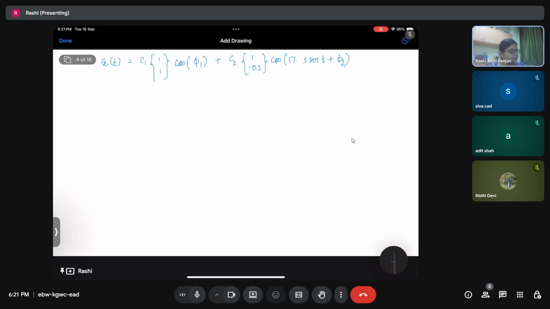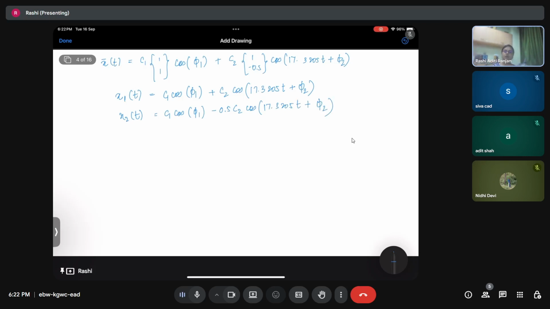So from here we can write x1 of t as c1 cos of phi 1 plus c2 cos of 17.3205 t plus phi 2, and x2 of t as c1 cos of phi 1 minus 0.5 c2 cos of 17.3205 t plus phi 2.